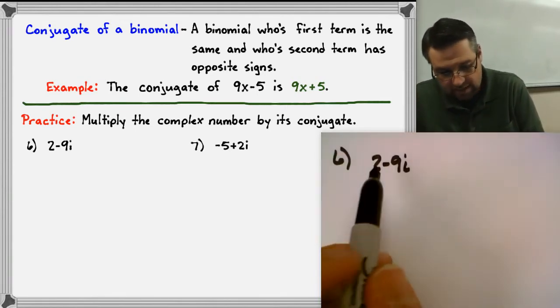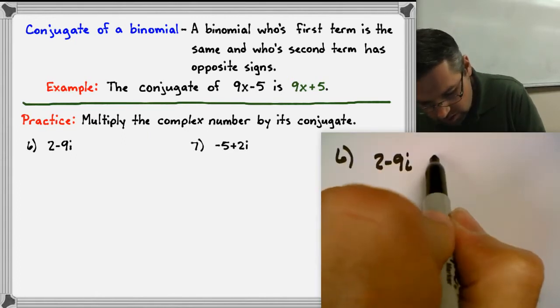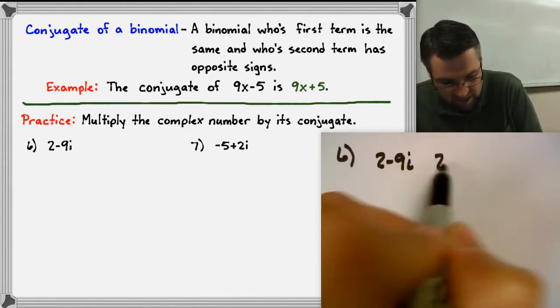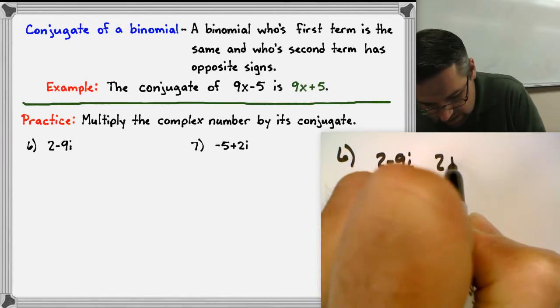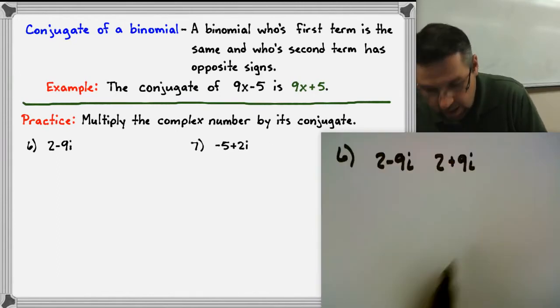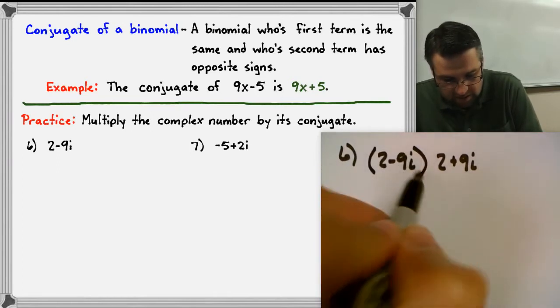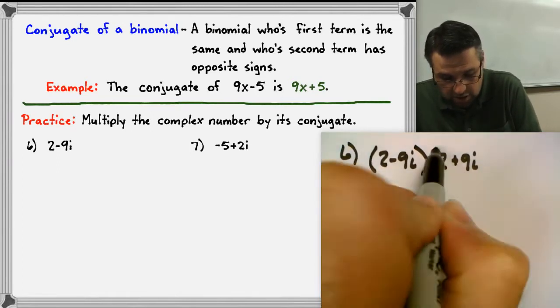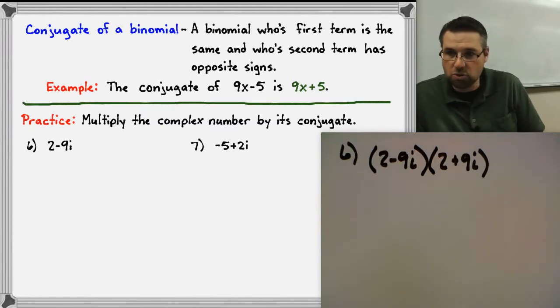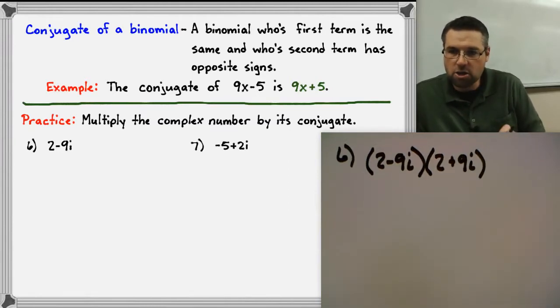The conjugate has the same first term, so it's a 2, and the second term has different signs. So instead of minus 9i, it's going to say plus 9i. So we want to multiply the complex number by its conjugate. That's the setup. So go ahead and pause the video. You do this problem and then come back and see how you did.